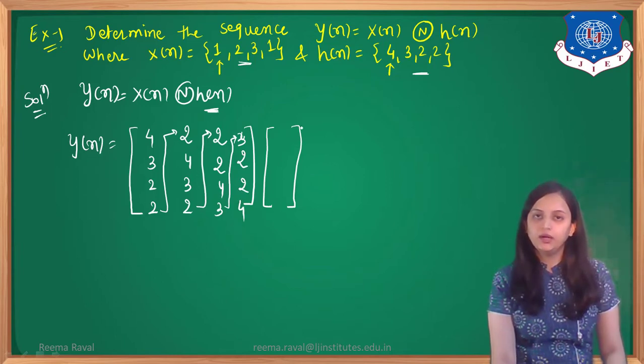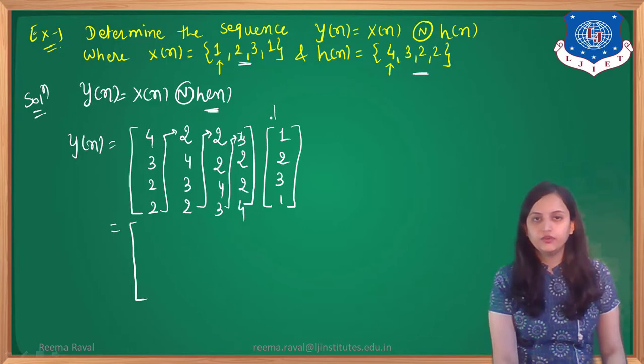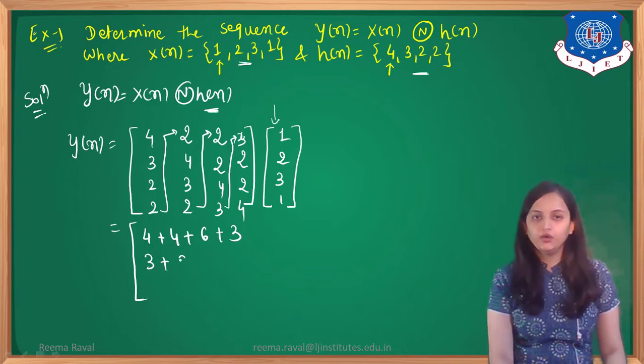Now these values are to be multiplied with x of n, whose value is 1, 2, 3, 1. We need to do the matrix multiplication to get the final values. First, let us multiply the first row with the column, which will give 4 into 1, 4, plus 2 into 2, 4, plus 2 into 3, 6, plus 3 into 1, 3. Next row will be 3 into 1, 3, plus 4 into 2, 8, plus 2 into 3, 6, plus 2 into 1, 2.